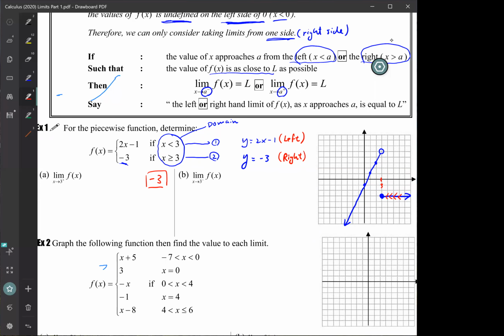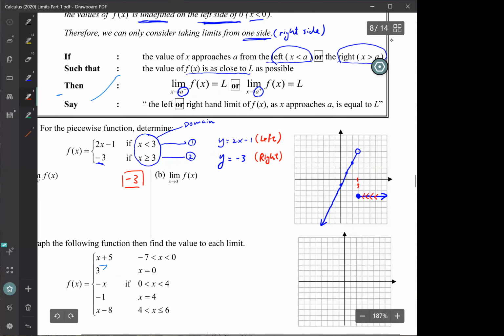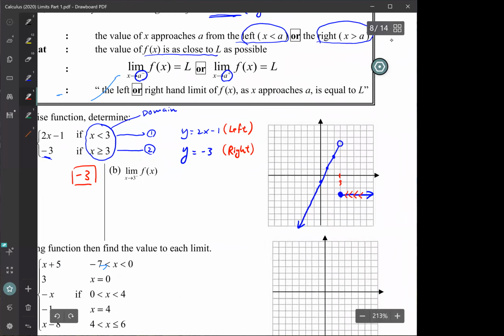Okay, now from the graph, again, I want to walk on the left side. So the graph that's on the left side of 3 is the slanted line, right? So you have to make the arrow go up because I want to get closer and closer to 3. Remember the kite, right?